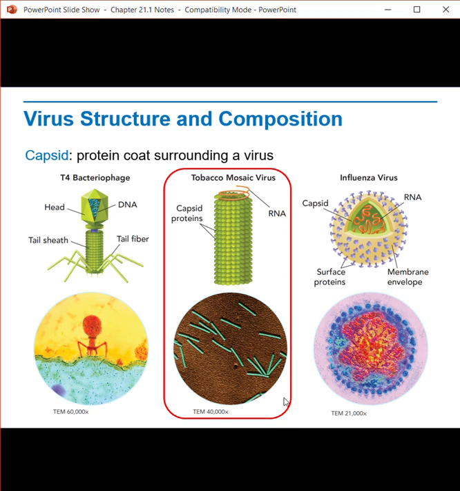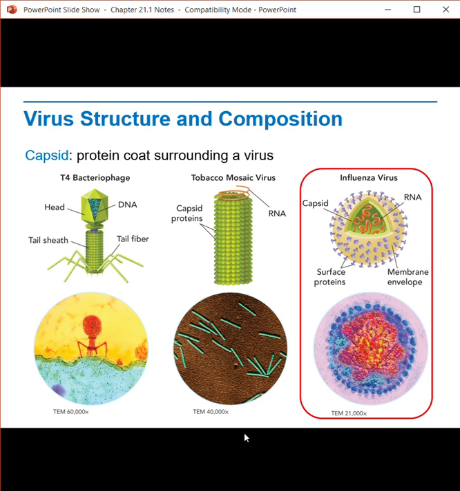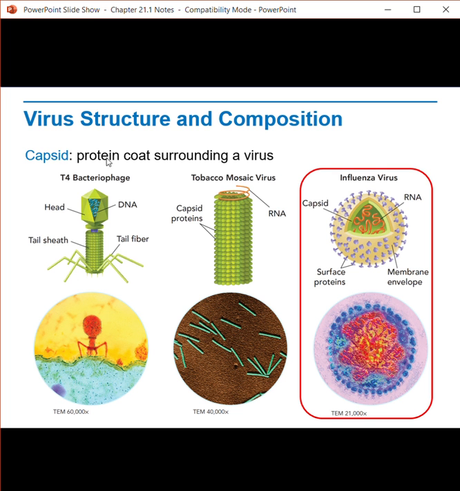All right, and then this last one is going to be the influenza virus. This is what you guys know as the flu. This virus looks nothing like the other two, but it should look familiar from the website that we looked at with the virus exploration. This T7 virus is very similar to what you just saw here at the T4.